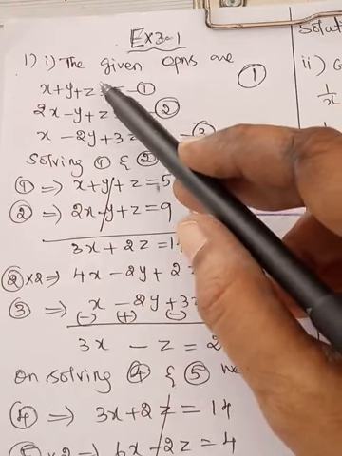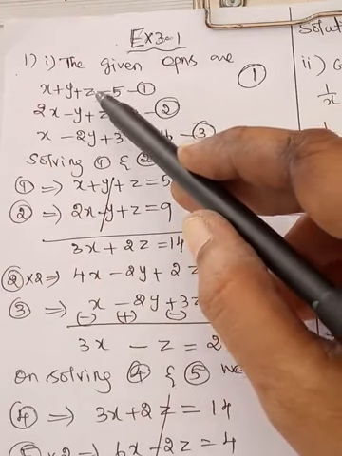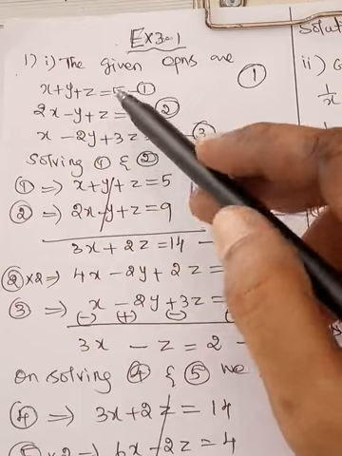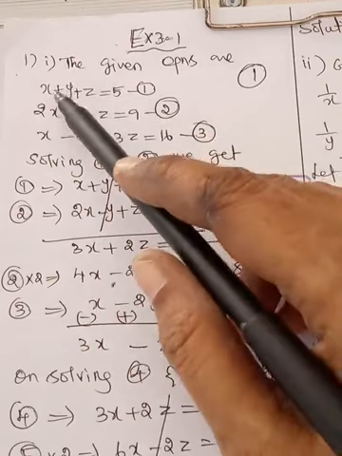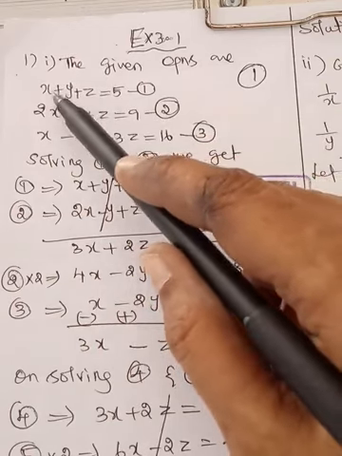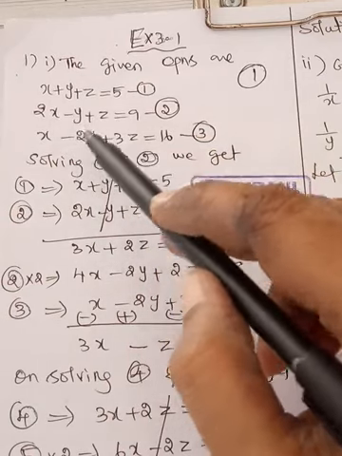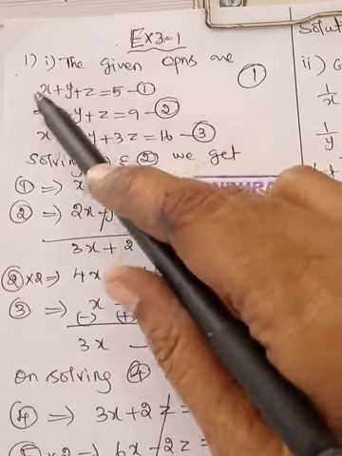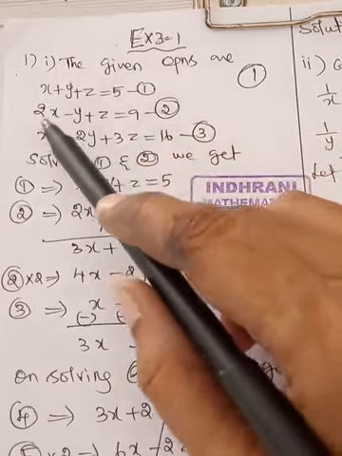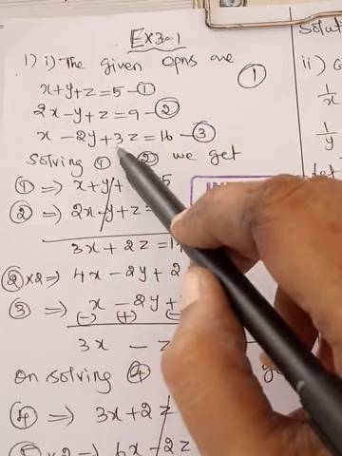Now I will start with the solution. For solving these three equations, given in three unknowns: x, y, z. Similarly, second equation, third equation. So this is solving linear equations in three unknowns.